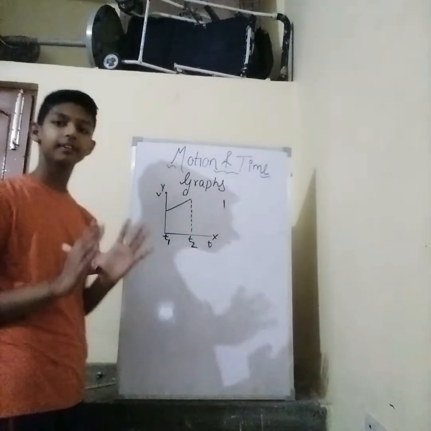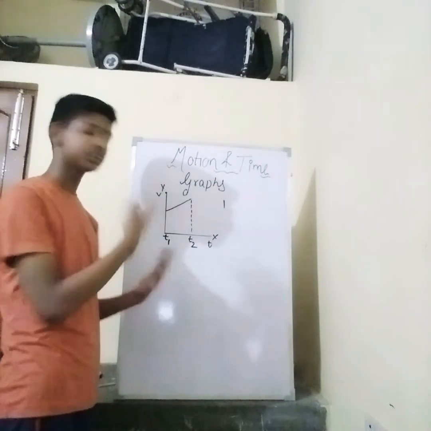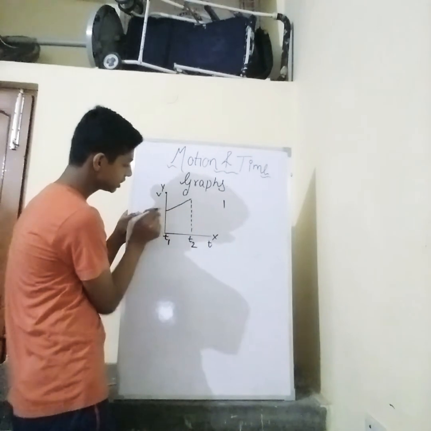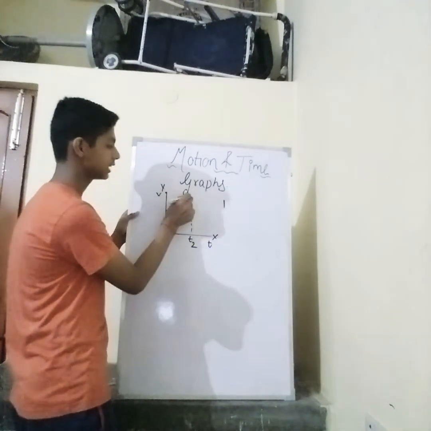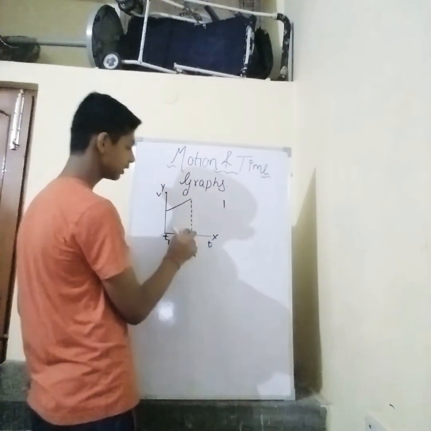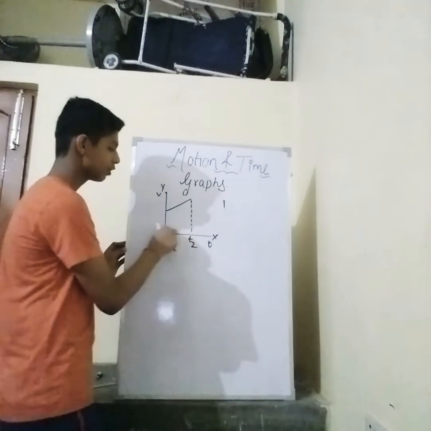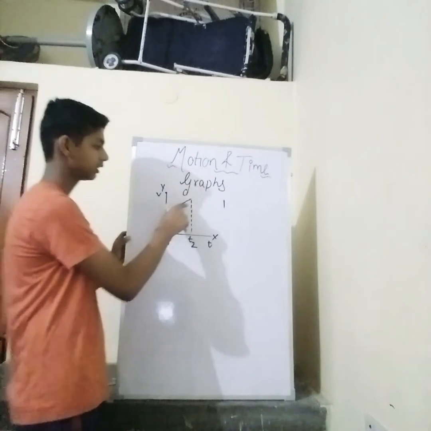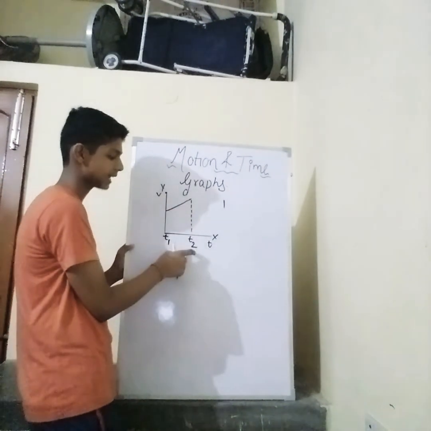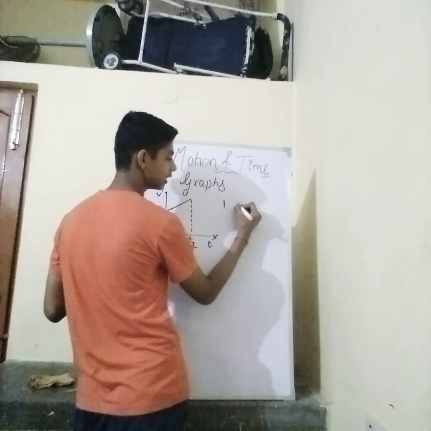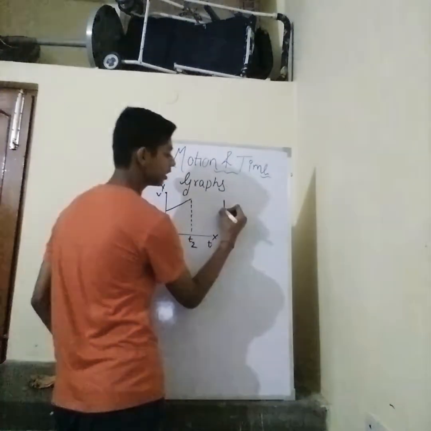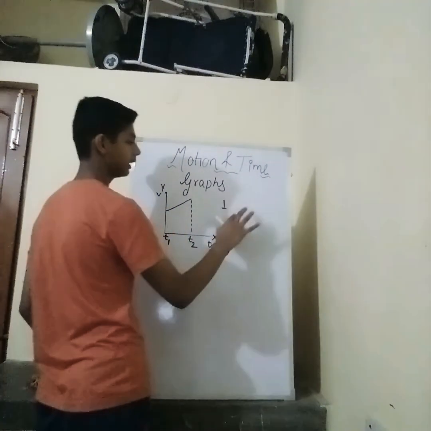I will explain how we derive this equation. Our u is initial velocity here, final velocity is here. Then for the acceleration, the slope of this will give us acceleration, which I have described earlier, so I will not describe it in detail again.